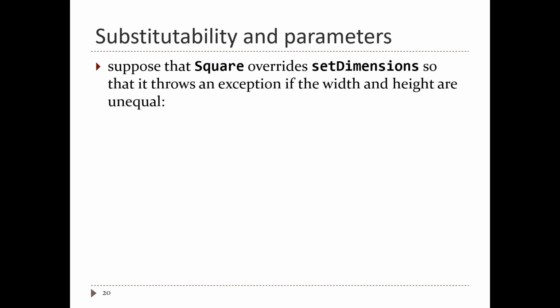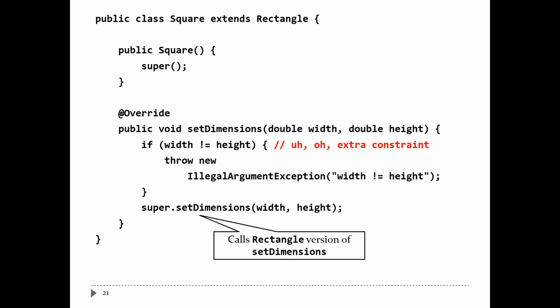Okay, so suppose that Square overrides setDimensions so that it throws an exception if the width and height are not equal. So for example, Square extends Rectangle. The constructor for the Square class simply calls the superclass constructor. The implementer then overrides setDimensions, and they place an extra constraint on the width and height.